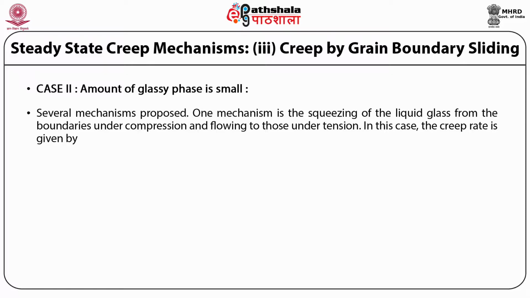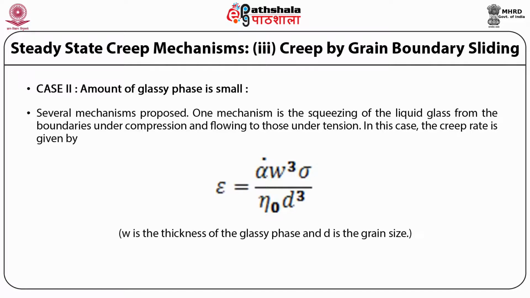So in this case, the creep rate is given by ε′ equal to α W³ σ divided by η0 d³, where W is the thickness of the glassy phase and d is the grain size.